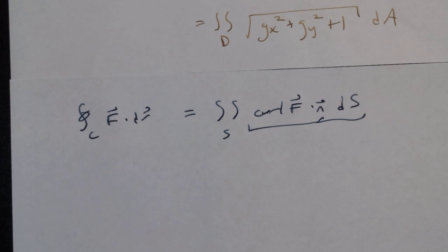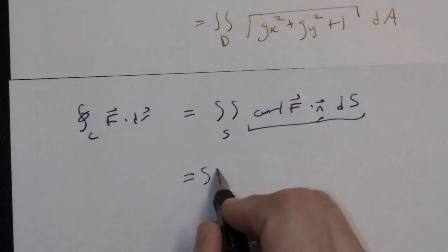I think I need to know what the curl is. I need to know what the normal vector ds is. And then I remind myself, okay, this is the flux integral.